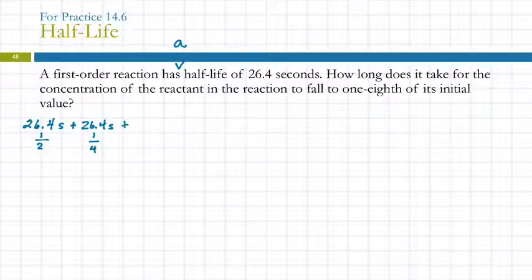After another 26.4 seconds, the 1/4 gets divided in half, and we get 1/8. We could do it just thinking about it like this, because we're looking at 1/8, which is a nice multiple of 1/2. So it's 26.4 times 3. 3 half-lives, 79.2 seconds. You can't always do it that way.